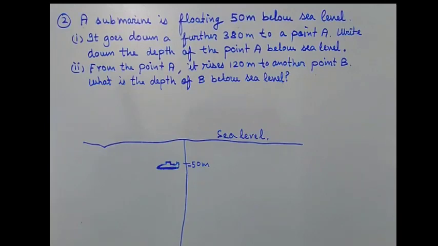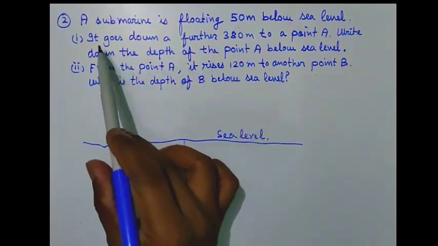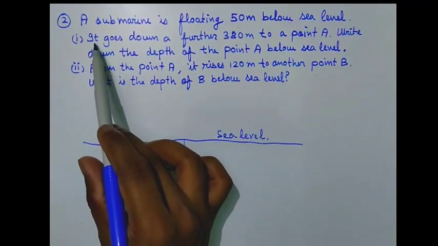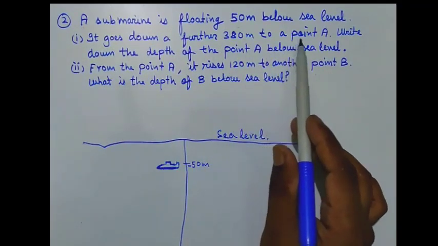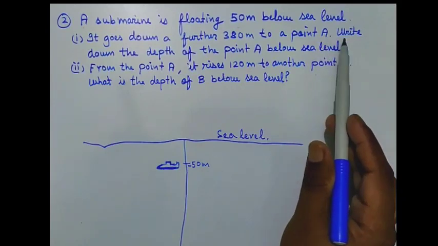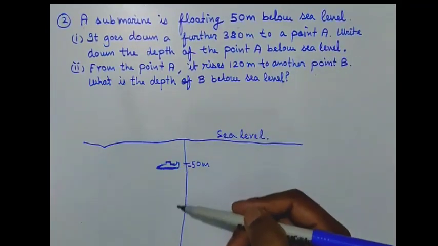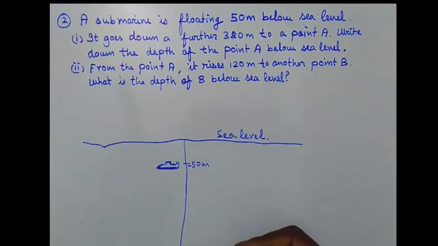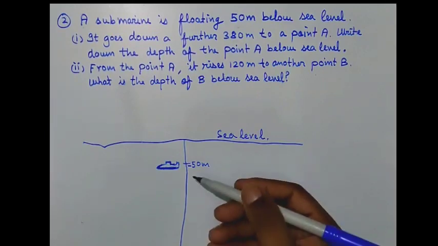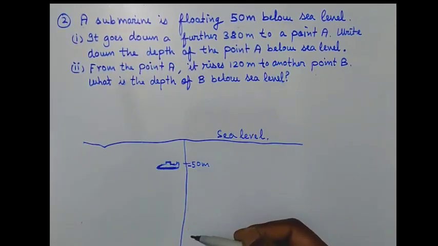Okay, and let's follow the first part of the question. It says it goes down a further 380 meter to a point A. It goes down further to a point A, that is 380 meter further. It means we have to increase 380 meter more.